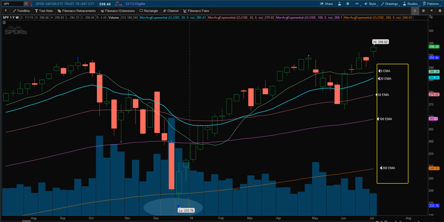So one of the things that we try to do is look at a broad spread to highlight exactly who's in control, and if there is a particular movement or a directional change that's relatively close to a moving average, that can give you a certain indication of who's in control.